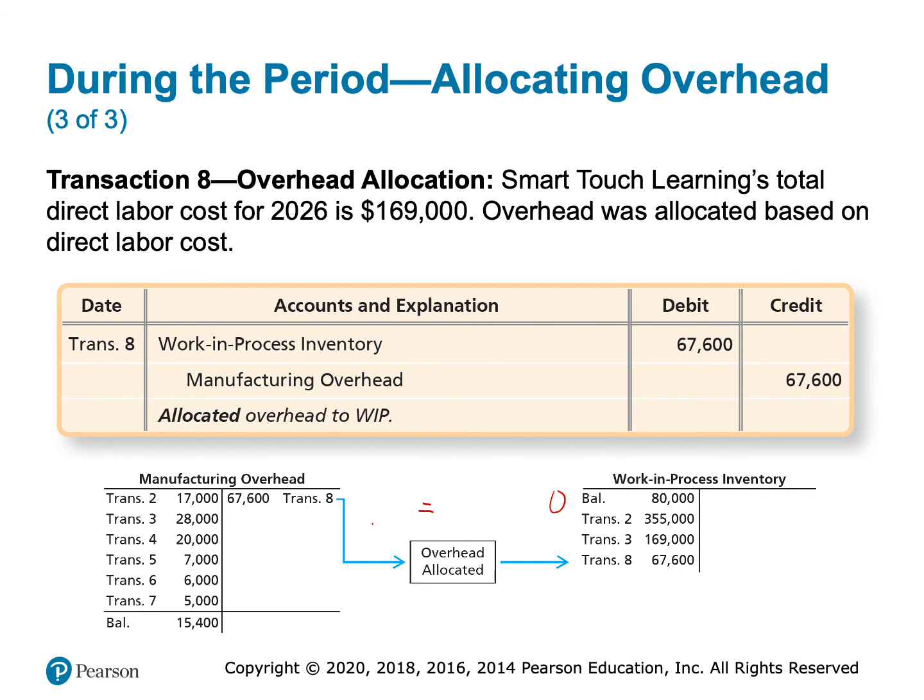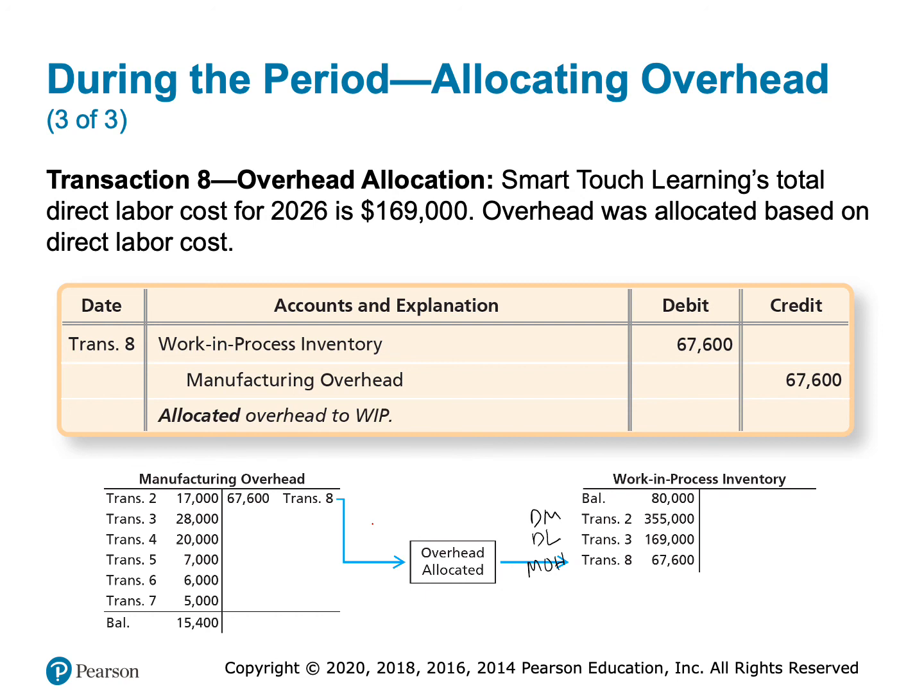I'm going to erase this right here. So now in work in process, I see my beginning balance. Transaction 2 was my direct materials. Transaction 3 is my direct labor. And transaction 8 was the overhead. So all of my product costs are now accumulated in that work in process T account.